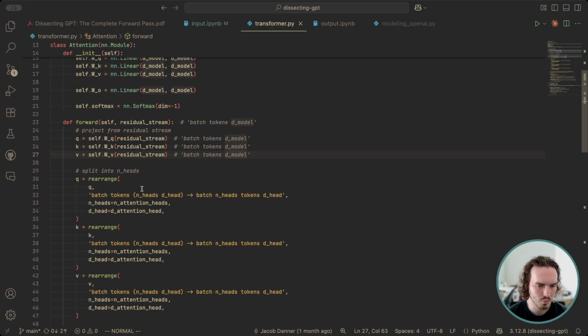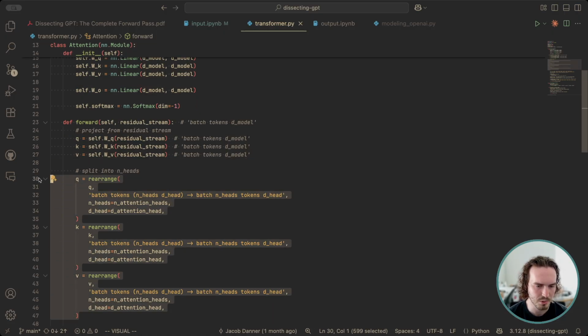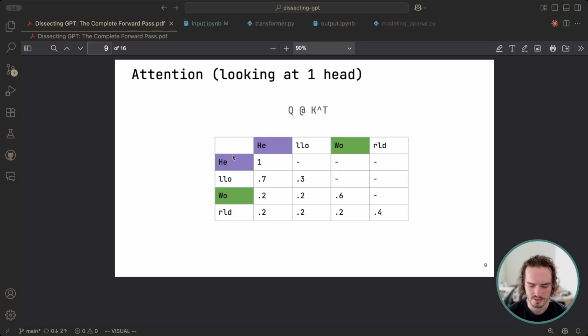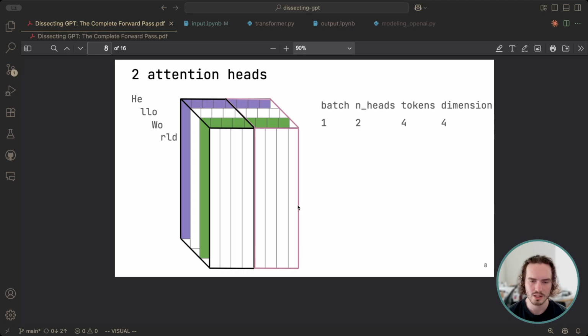And so for queries, keys, and values, we run the same operation: we want to go from batch, tokens, d_model, and then we want to end up in this batch, n_heads, tokens, d_head situation. So stepping back here, essentially we're saying we have this input, we want to reframe how we're looking at it so that each head is looking at the right spot.